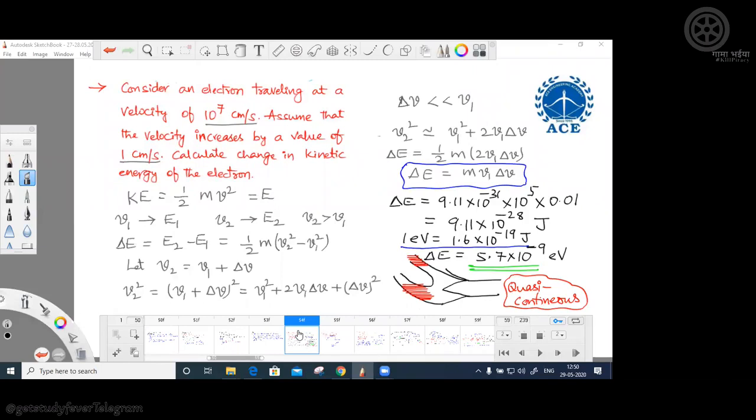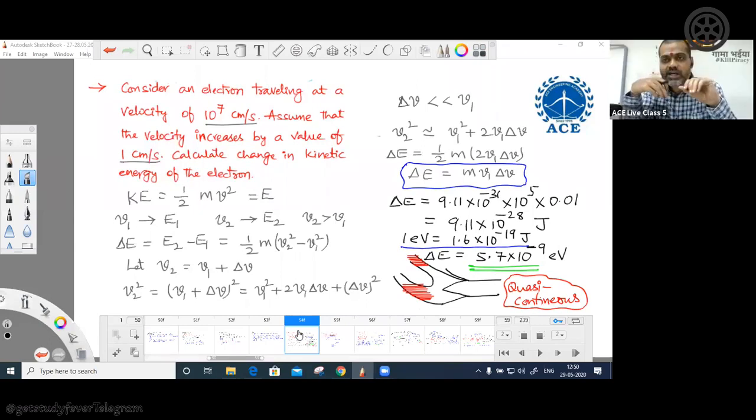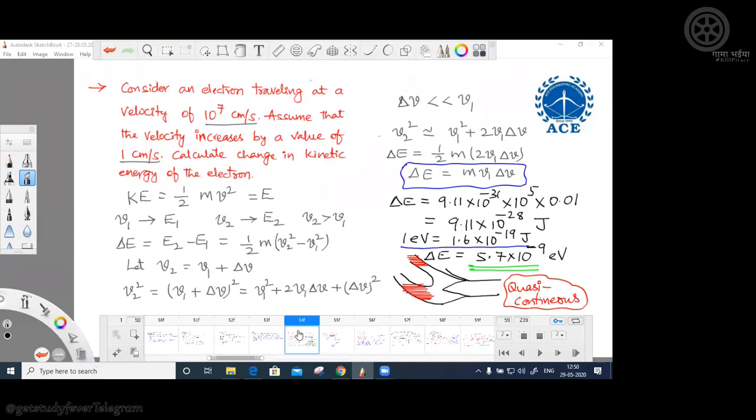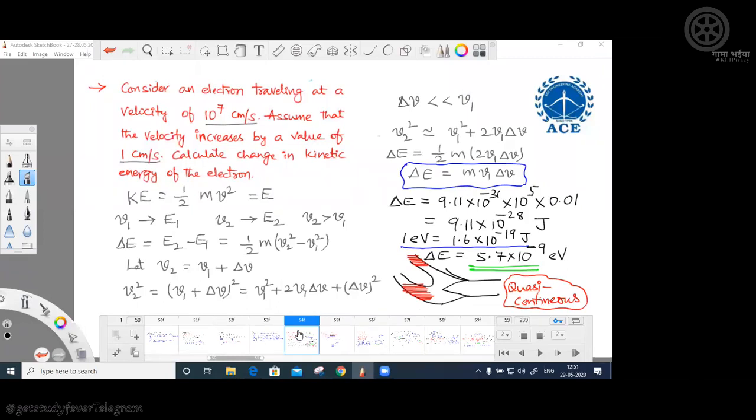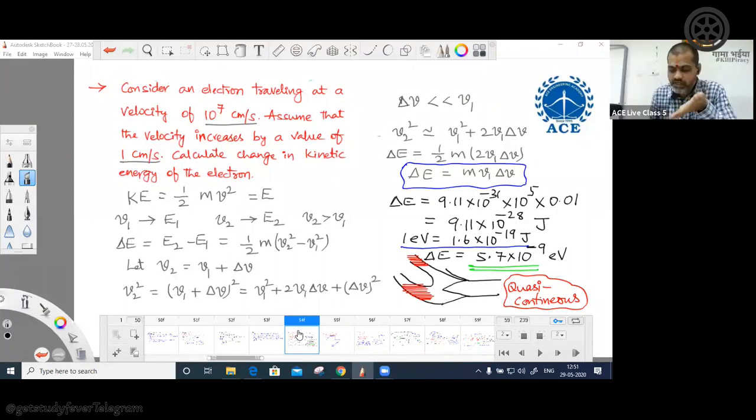We are representing the energy of the electron in terms of electron volts. Am I correct? Yes, sir. What is this change in kinetic energy? How can you represent it physically? If you are giving higher energy, the electron is moving to a higher energy level. That is what the kinetic energy is. Are you getting it? Yes, sir. That's what I have compared. Why am I not supposed to compare 1 electron volt with delta E?